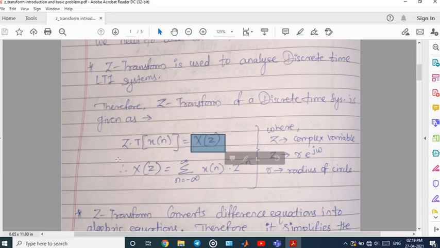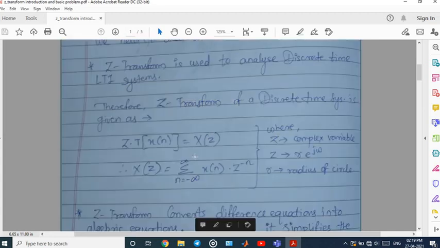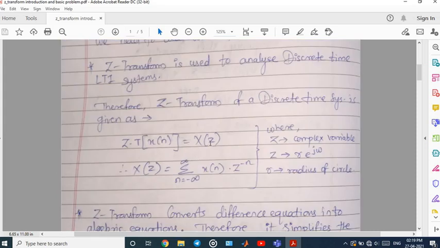Okay, so whenever we take the Z transform of x of n, we are going to have x of z as an output. So input is x of n, output is x of z. So this is the simple Z transform formula. So now the inverse Z transform will be: we are given x of z and we have to find out x of n. Okay, we will see it further.